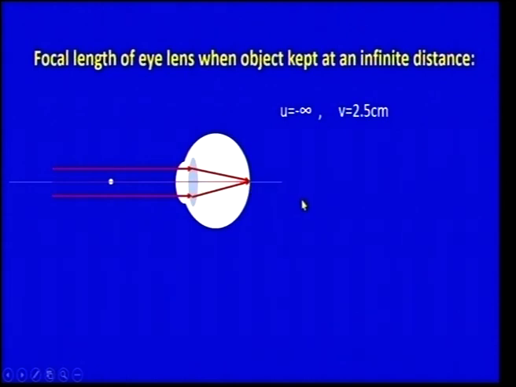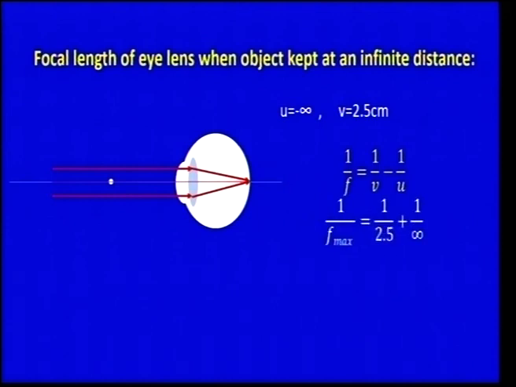As we know the lens formula, 1/f = 1/v - 1/u. Substituting the values, 1/f maximum = 1/2.5 + 1/infinity. We know that 1/infinity is 0. Then 1/f maximum = 1/2.5, so f maximum = 2.5 centimeters. This is the maximum focal length of our eye lens.